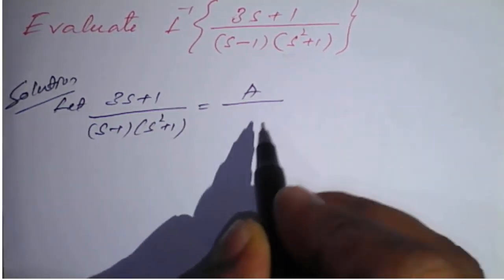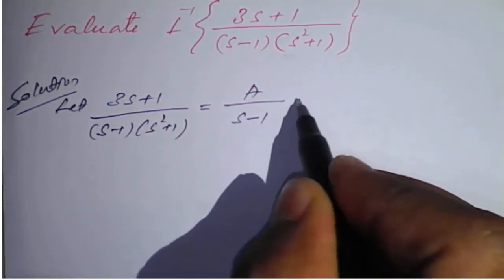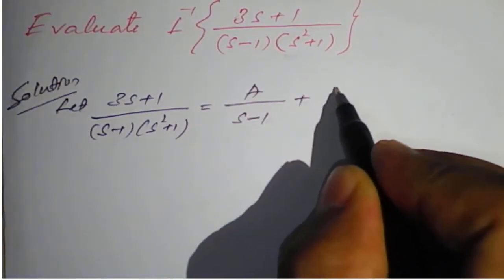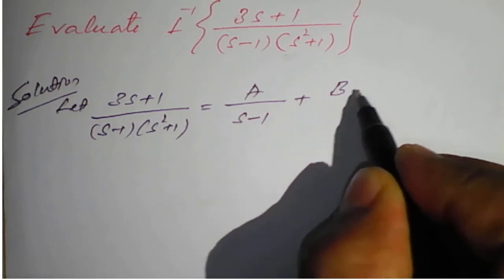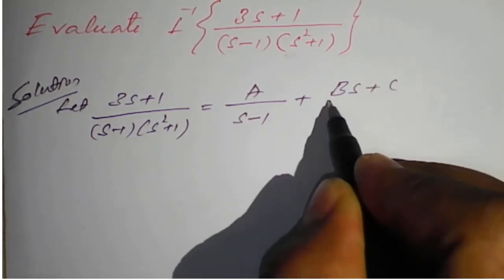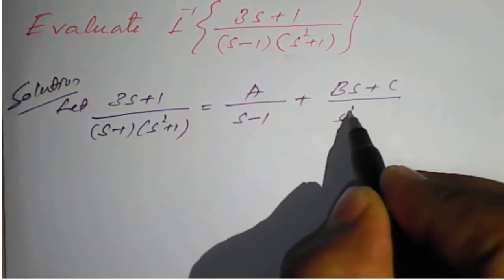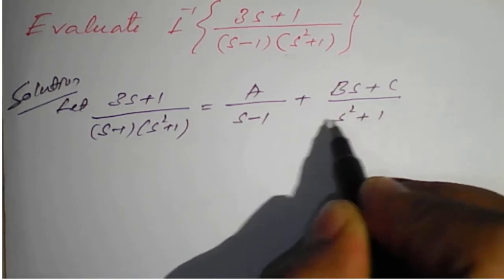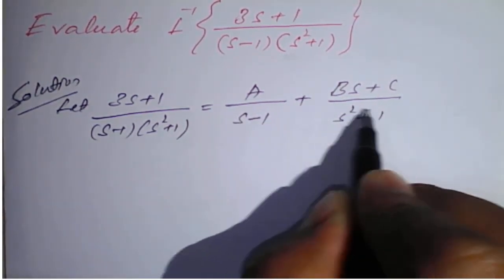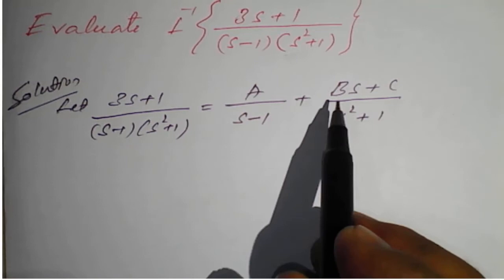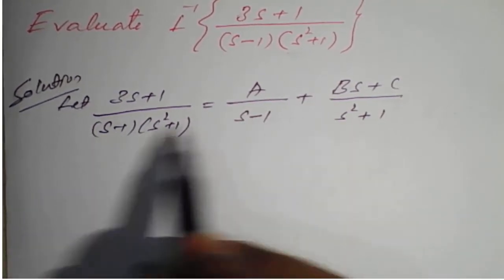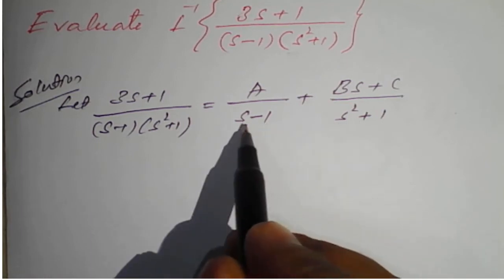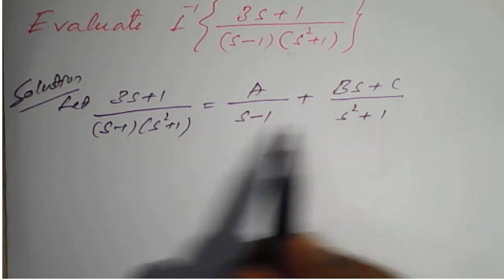So for the first bracket, A upon s minus 1, and for the second bracket, Bs plus C divided by s square plus 1. For such an expression we need to use these constants. Now we need to simplify. If you take the LCM, on the right hand side we get (s minus 1)(s square plus 1), which cancels.